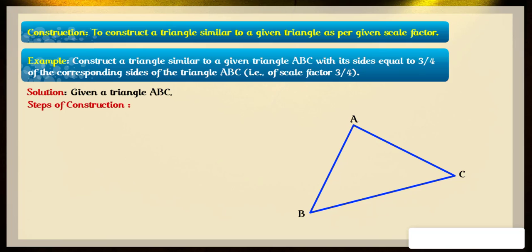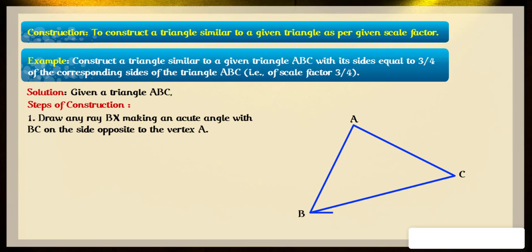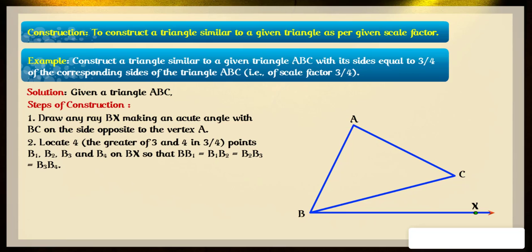Steps of construction. 1. Draw any ray BX making an acute angle with BC on the side opposite to the vertex A. 2.